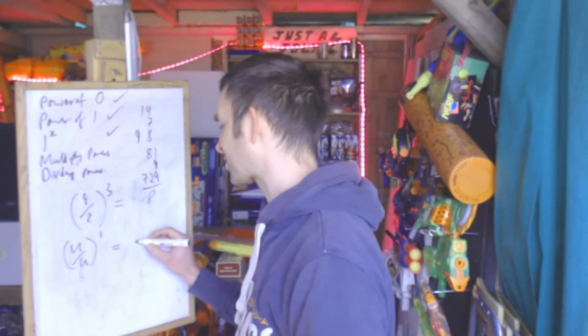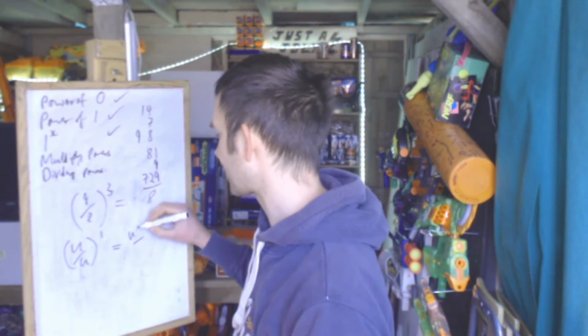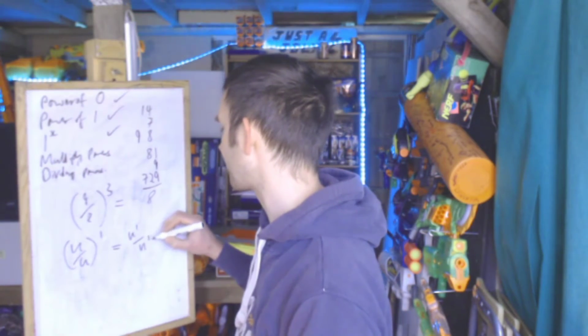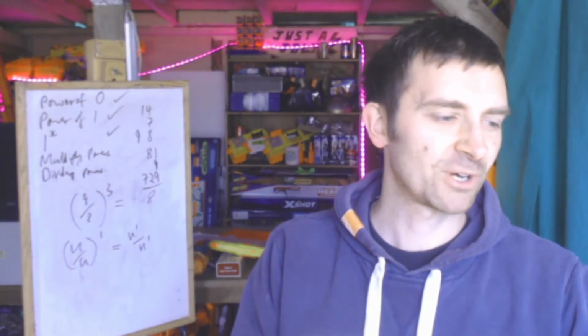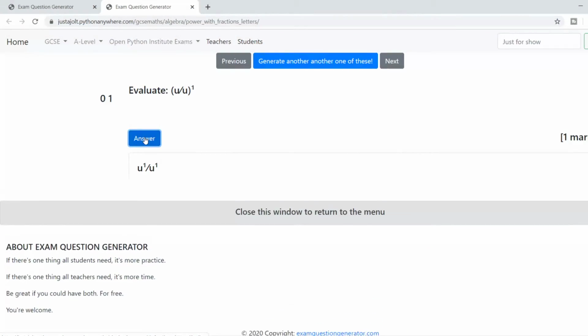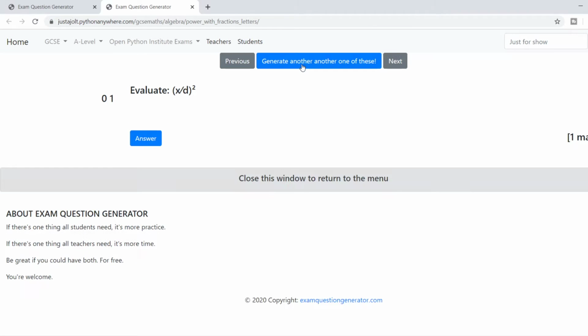We're going to keep the fraction there, and we're going to say u to the power of 1 over u to the power of 1. And actually, in both cases, we know that u to the power of 1 is going to be u, but nevertheless, I've included it there to make the point. Again, it's the same. Let's have a look at this one here.